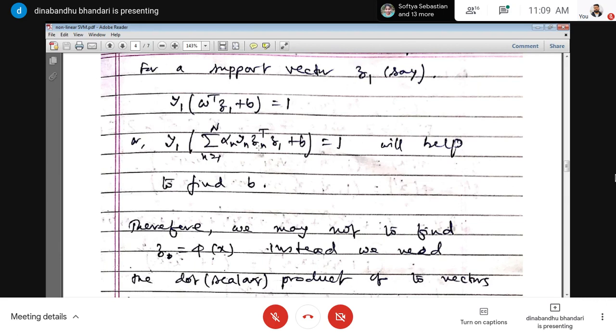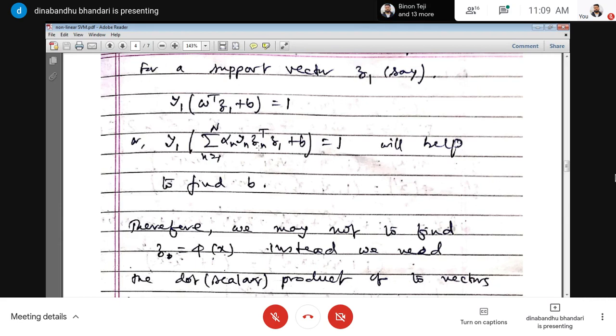Here you had X1, X2; there it is Z1, Z2. You do not need to bother about how Z1 and Z2 look, but what you need is the dot product of Z1 and Z2 in that space. You do not need the explicit representation of Z1 and Z2, but only the dot product of Z1, Z2, because that will serve our purpose.